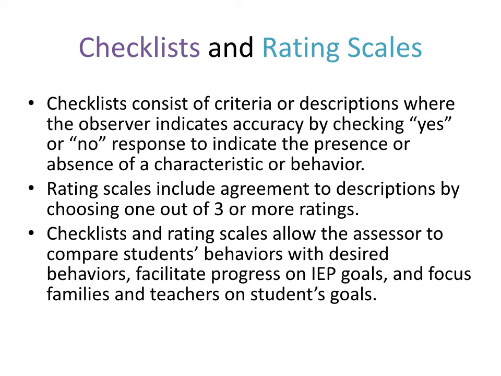Rating scale is very similar, but it includes agreement to descriptions by choosing 1 out of 3 or 1 out of 4, 0 to 5, or strongly agree to strongly disagree. But checklists and rating scales allow the teacher to compare students' behavior with desired behavior, facilitate progress on IEP goals, and focus families and teachers on students' goals.